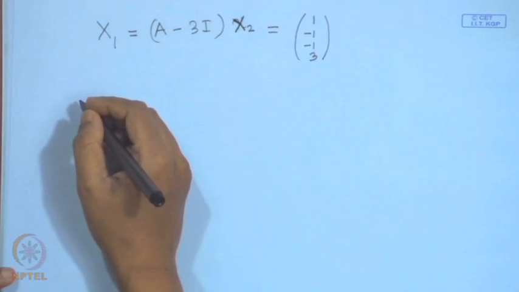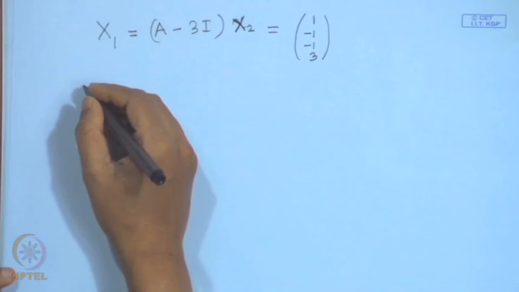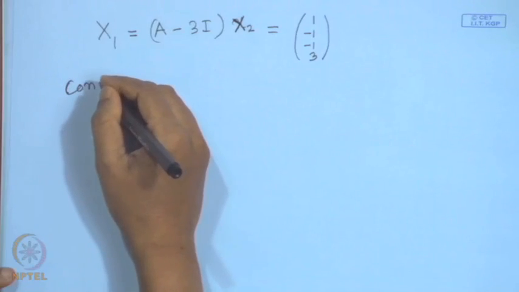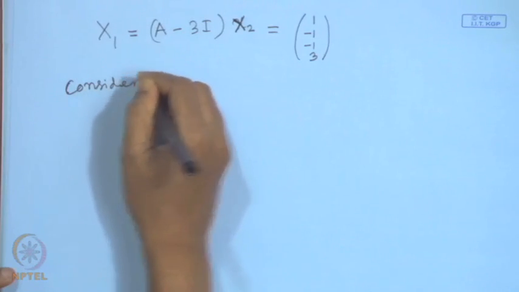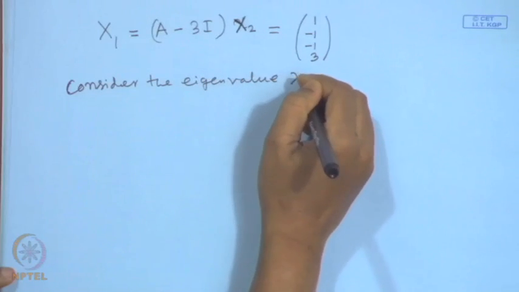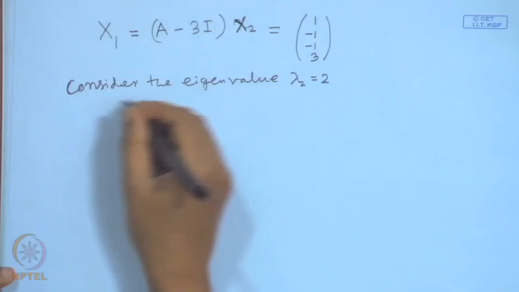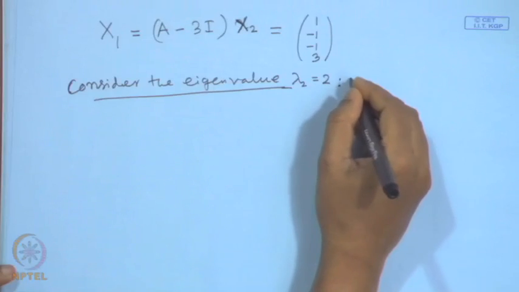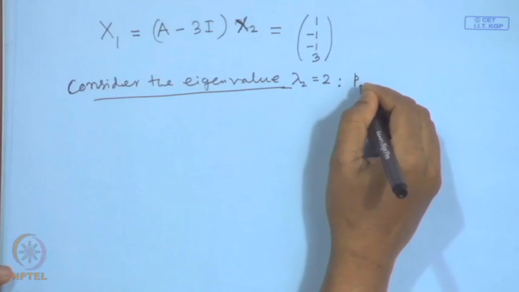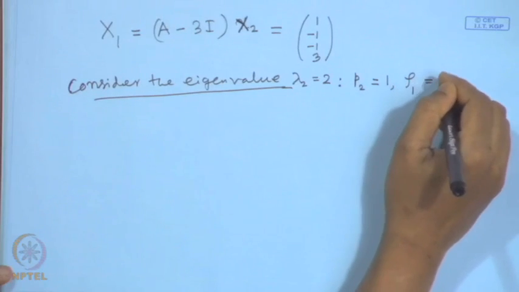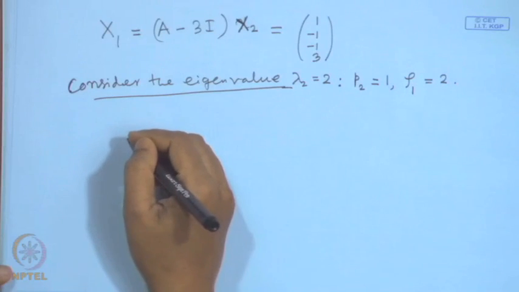Next we shall find the generalized eigenvectors for the second eigenvalue. Consider the eigenvalue lambda 2, which is 2. For this, one can check that the value of P 2 is equal to 1 and the value of rho 1 is equal to 2.